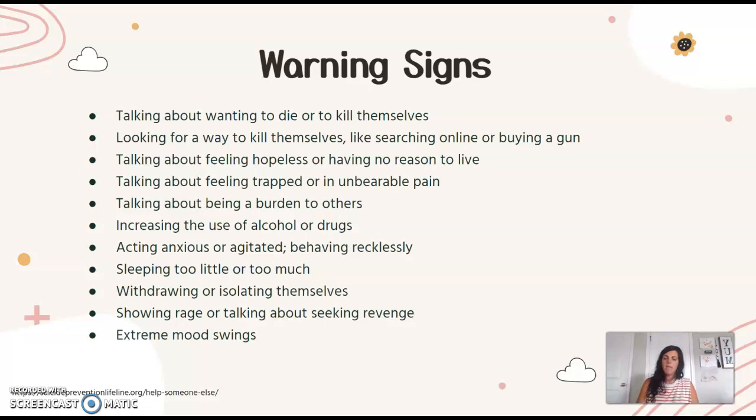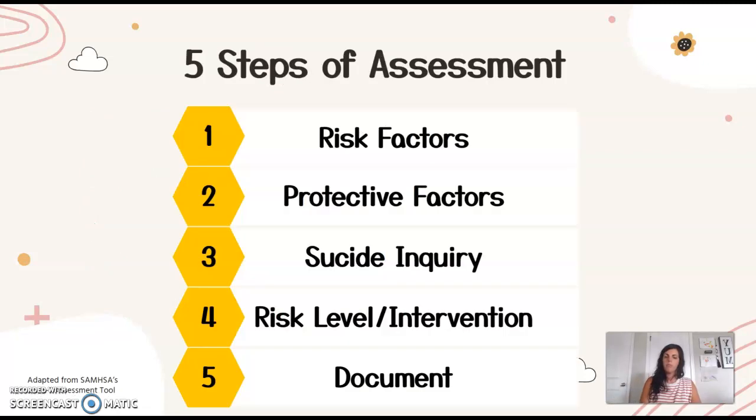And then that tacks onto extreme mood swings. This is not a comprehensive list, but it's a list that's been put together by the Suicide Prevention Lifeline as things for individuals, not necessarily clinicians, so anybody can look for as signs that there might be suicidal thoughts in people around you.